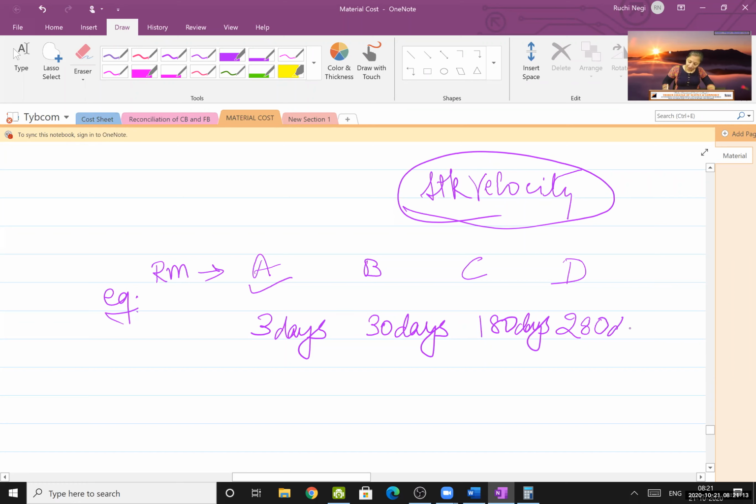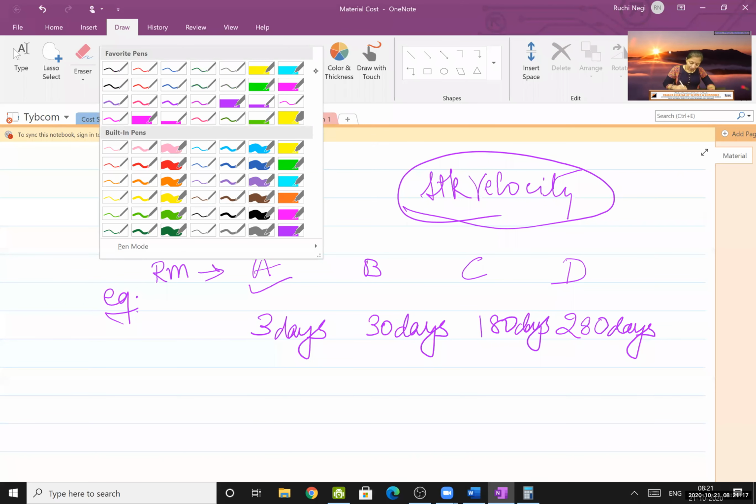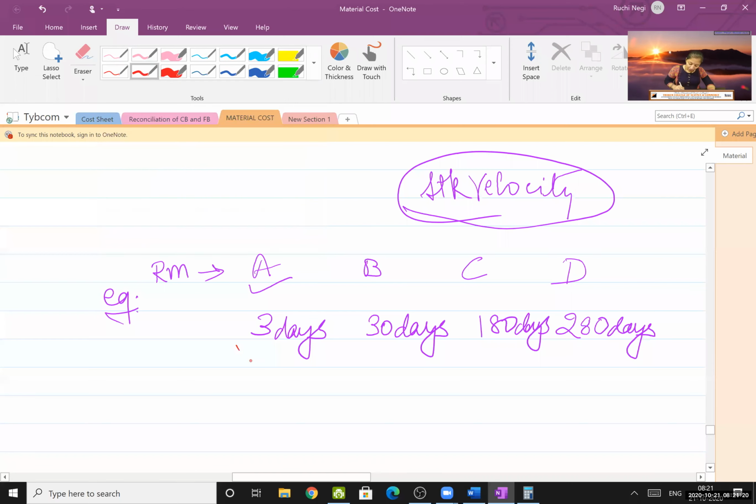I'm just giving an example. अब इससे क्या पता चलता है? Raw material A is moving in 3 days. Velocity is 3 days means it is getting converted into sales in 3 days. Very good. That means ये ज़्यादा demand में है, इसके लिए ये fast moving है.